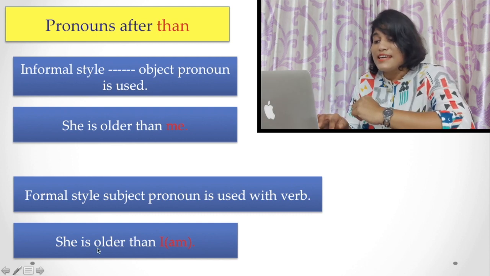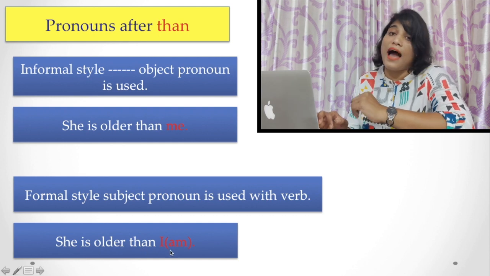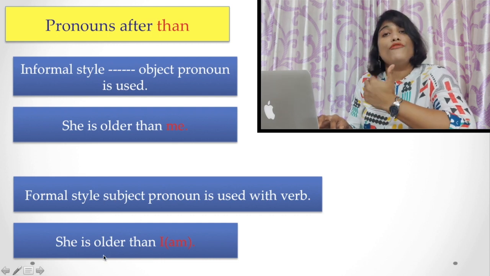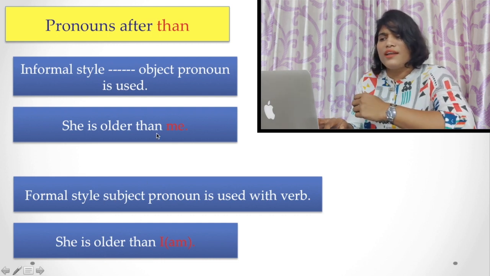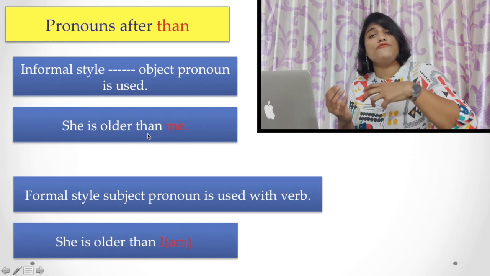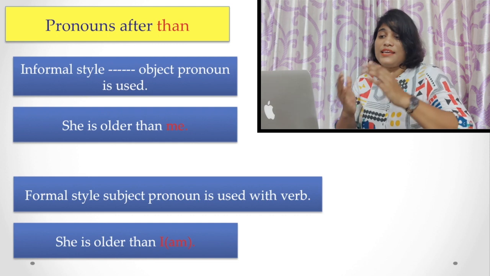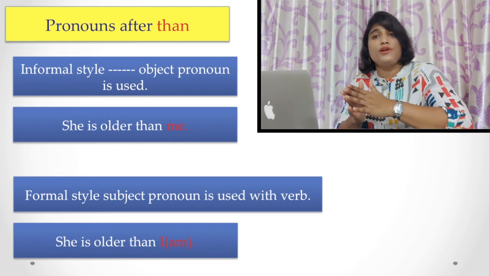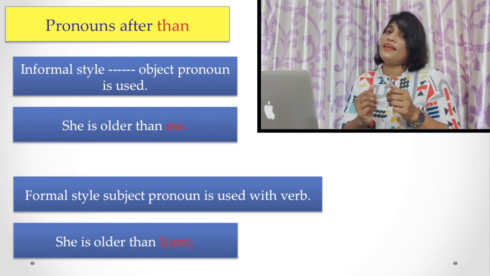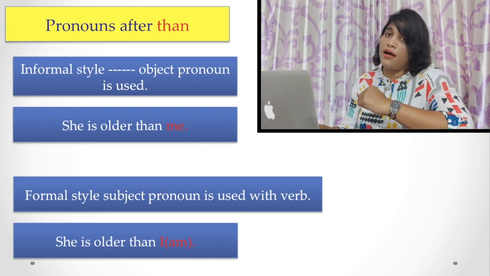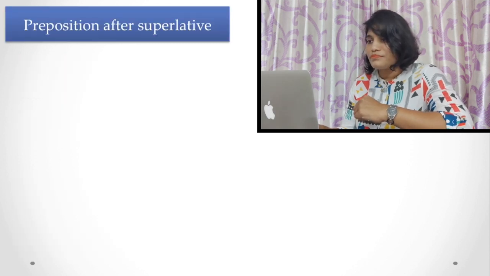That is, she is older than I am. Am is in brackets. This is also correct, and this is used in the formal style. So you can use either of them. If you are using informal style, you have to use the object pronoun after than, but in case of formal style, you have to use the subject pronoun after than.